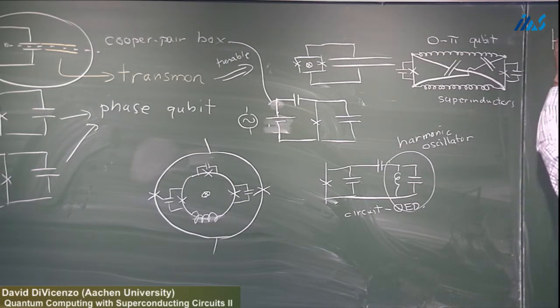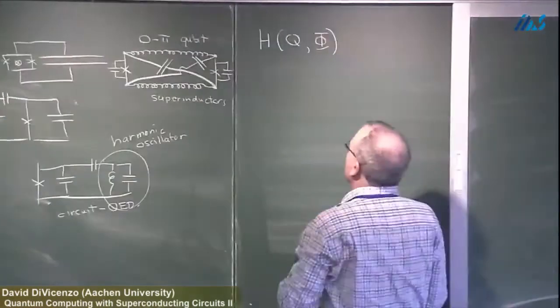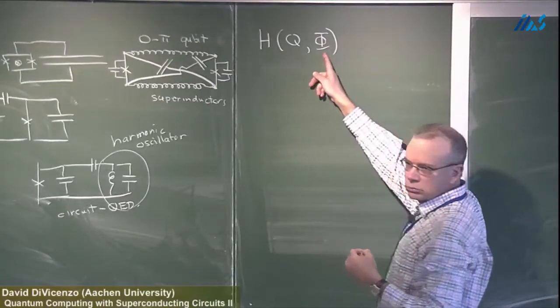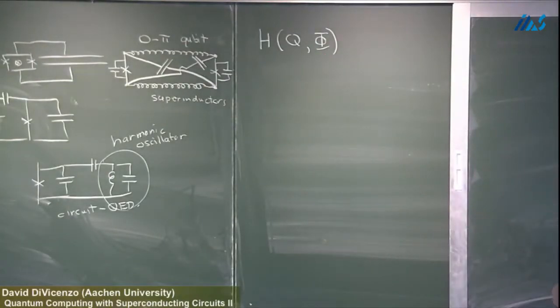And there'll be Hamiltonians which are a function of flux or phase variables, and a charge. But who's to say that there's only one canonical variable? In fact, how many canonical variables are there for these various things? I think I will take up that question now.